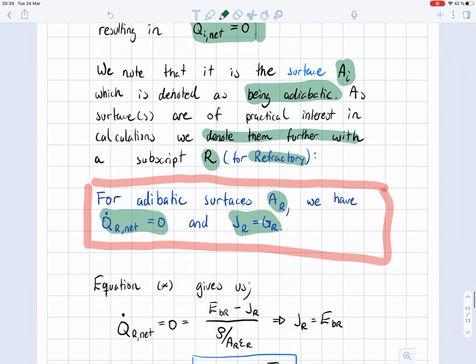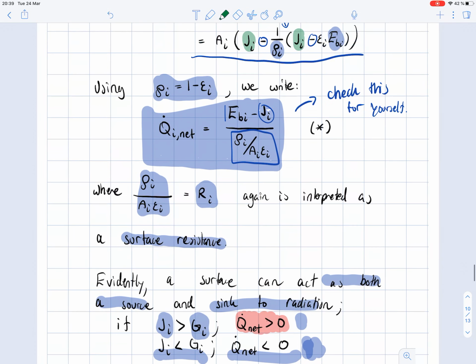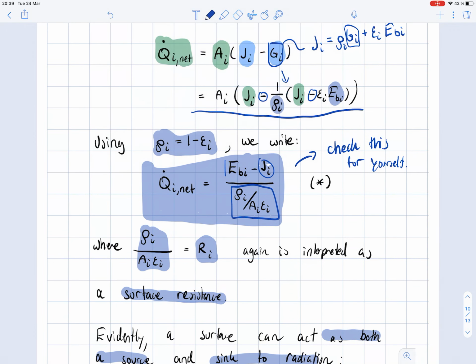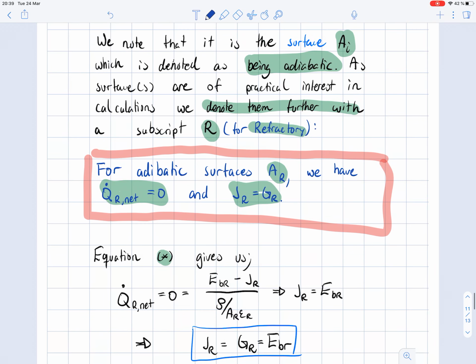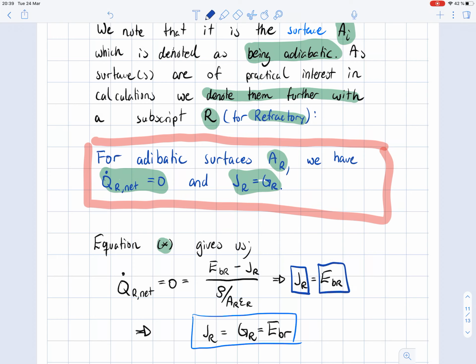Now if we go back to equation star, the equation star was this one, which you have to derive for yourself. So if we go back to this one and we introduce that the net heat transfer rate is 0 for an adiabatic surface, we get that the radiosity of an adiabatic surface equals EBR, which is the emitted blackbody flux.